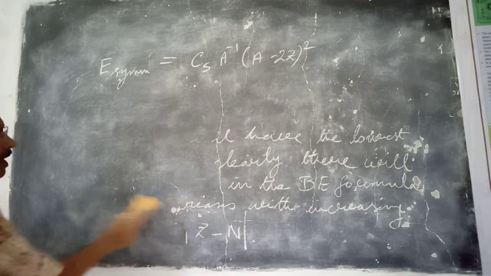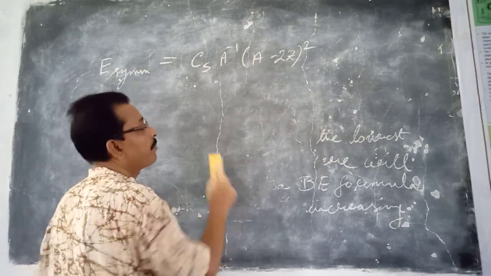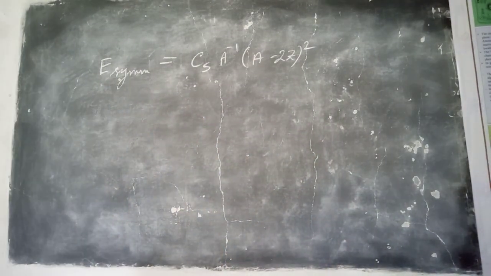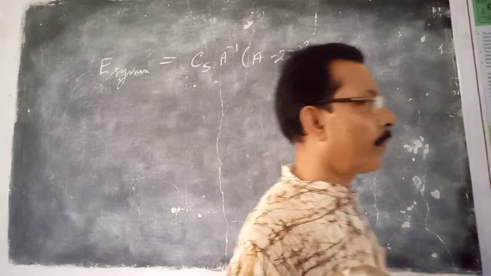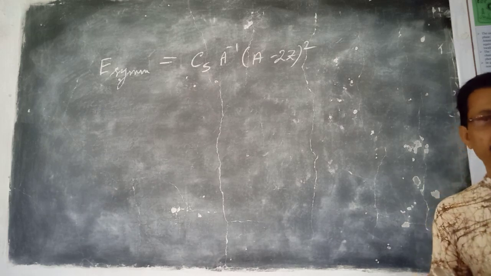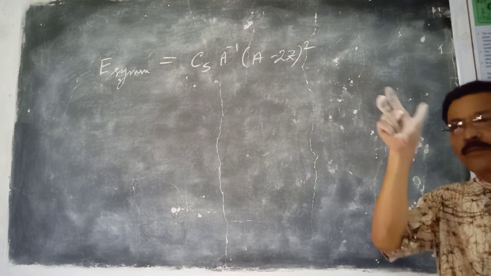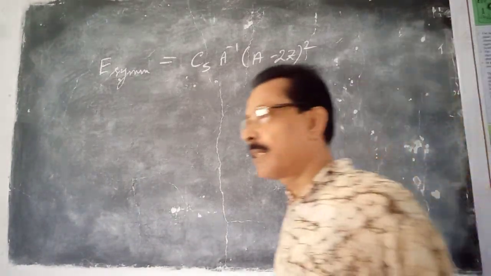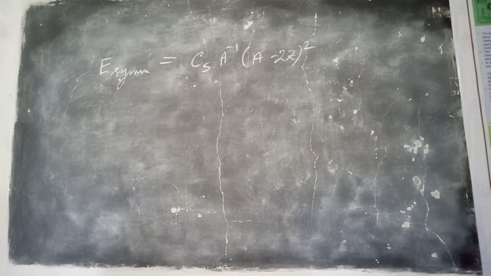Now there is another term in the binding energy formula, that is pairing energy. When the nuclear levels are filled, the neutrons and protons are filled in pairs. One is spin up, another is spin down. In this way, the pairs fill all the energy levels. Therefore, it is observed that nuclei with an even number of protons and neutrons are more stable.